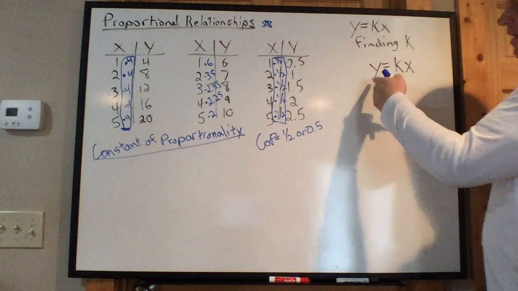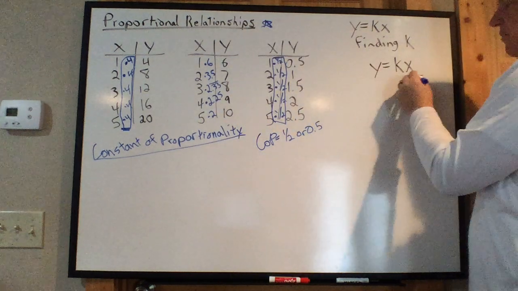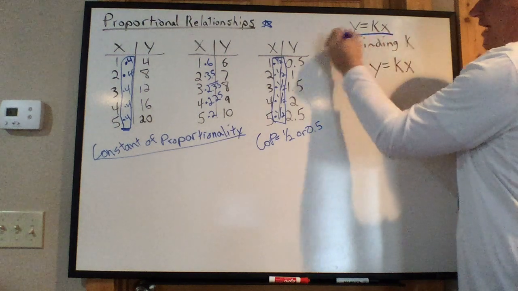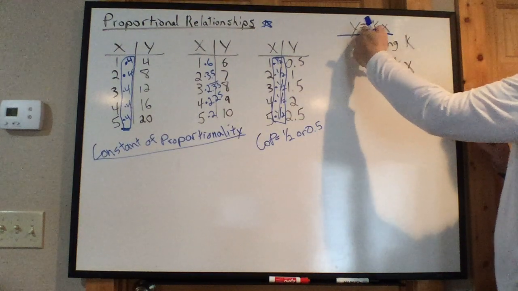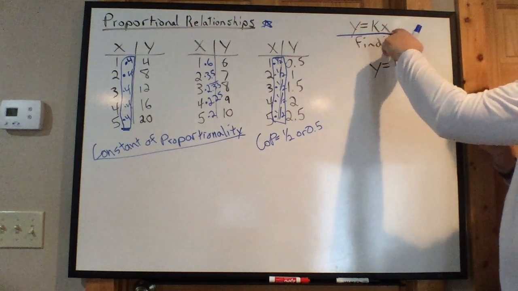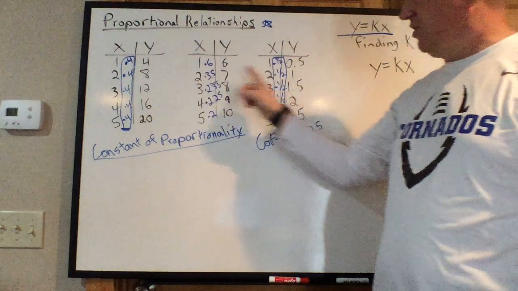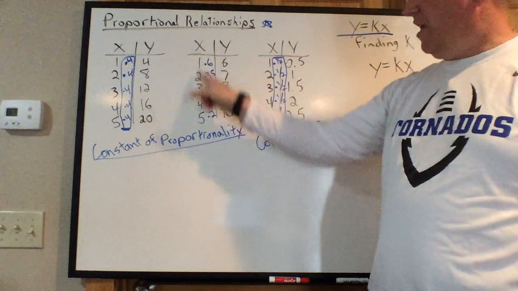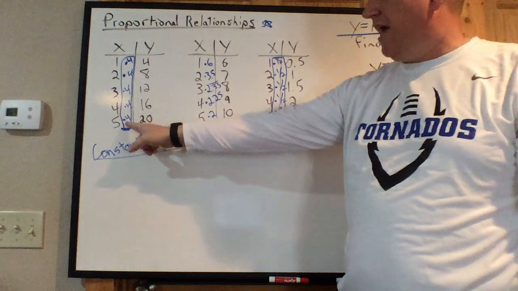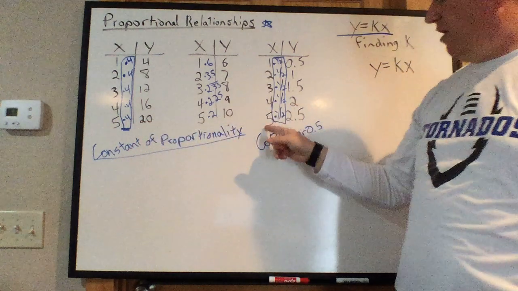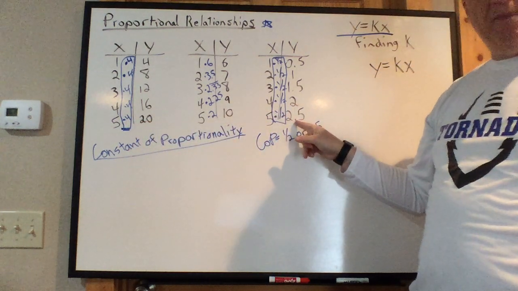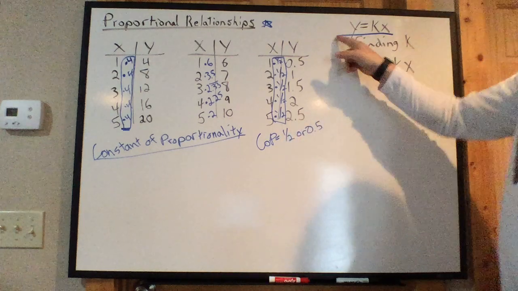All of our proportional relationships can be in the format y equals kx. Our output is equal to the constant of proportionality times our input, which is exactly what we showed in each of the 3 tables that we looked at. Input times the constant of proportionality gave me my output. So that's y equals kx.